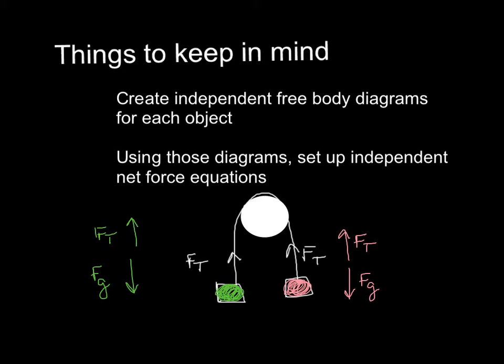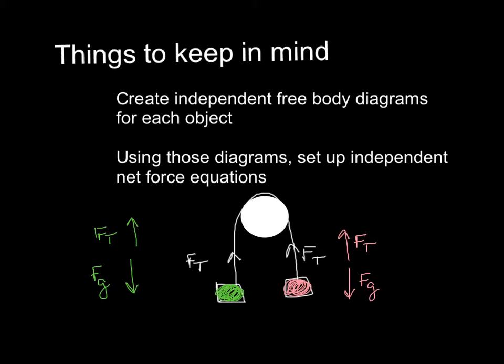Alright, another thing we need to keep in mind is we want to have an independent free body diagram for each object, which means that if we're talking about the forces on this pink mass, we want to set up a free body diagram just for this one. Okay, so the tension force is pulling up, and gravity's still working, so we still have the weight of our object.